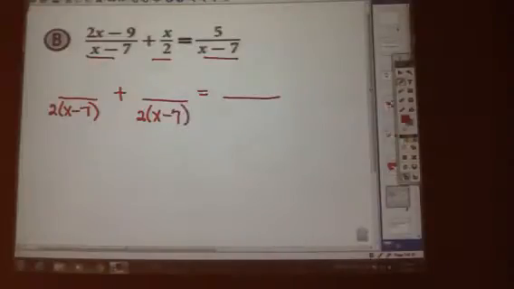2x minus 7. What is missing here? 2. The 2. So I'm going to multiply all of that by 2, which just means I distribute through. So 2 times 2x is 4x, and 2 times negative 9 is negative 18.